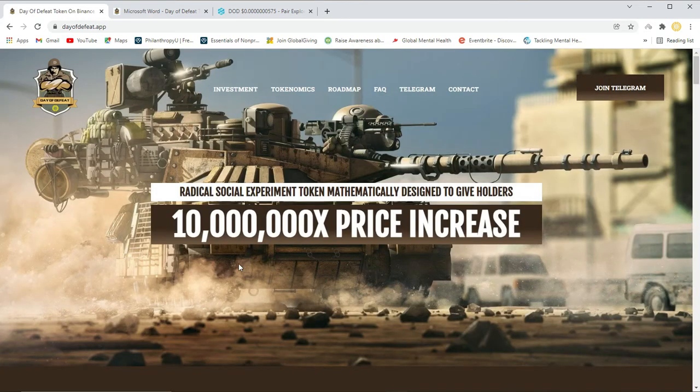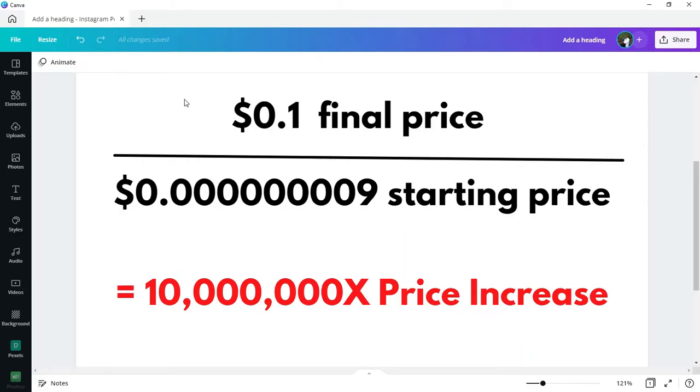So now, after having that said, how do we get to this 10 million X price increase? As you can see on the screen, we have our 0.1 US dollars as our final price, and we have our 0.0000009 US dollars as our starting price.